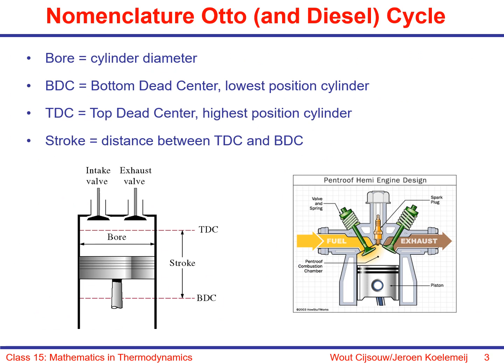We also introduced you to some jargon describing reciprocating engines. We talked about the bore, which is the diameter of the cylinder. We introduced the concepts of bottom dead center and top dead center.